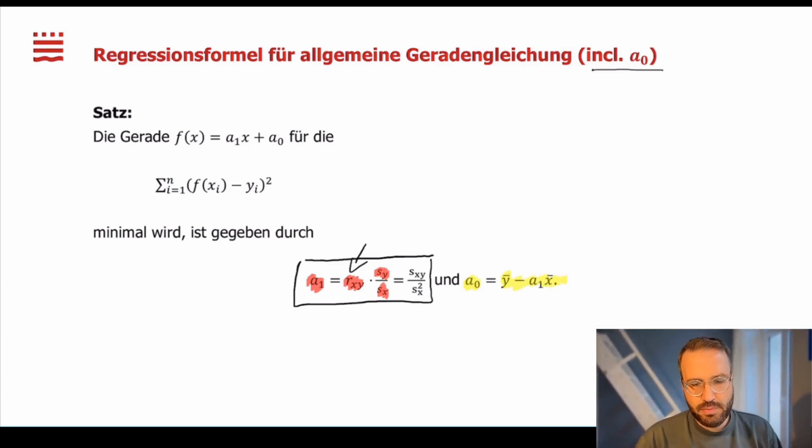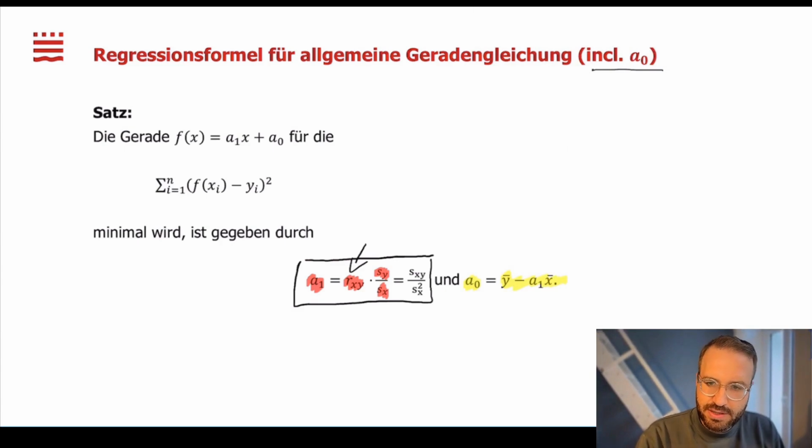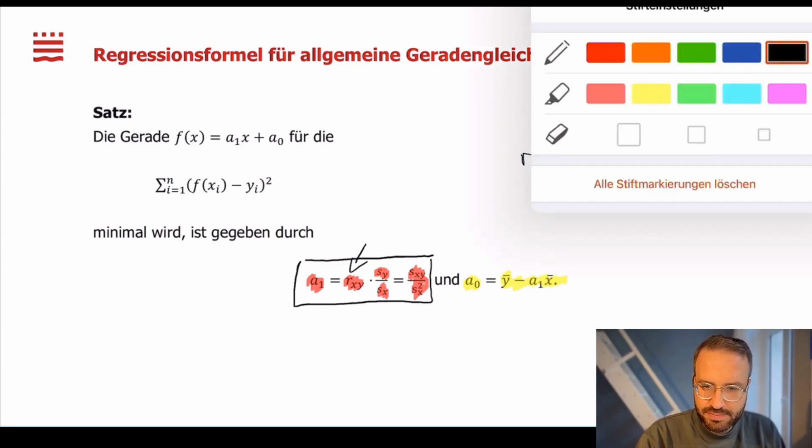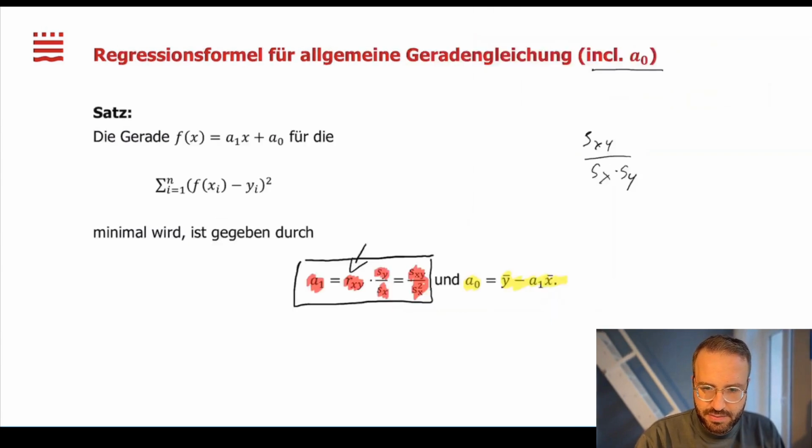And then there is also a formula for the y-intercept. We don't need to go into that too much. I just want to briefly touch on this here, so to speak. Why is that? Well, that's because our r is equal to Sxy divided by Sx times Sy. And if we multiply this term here by Sy divided by Sx, then it cancels out and we are left with Sxy over Sx squared, which is exactly this term here.